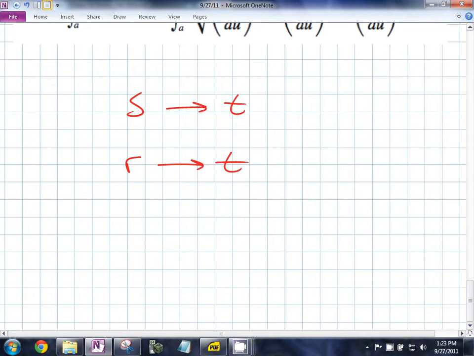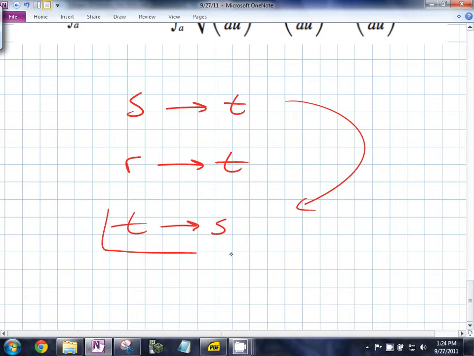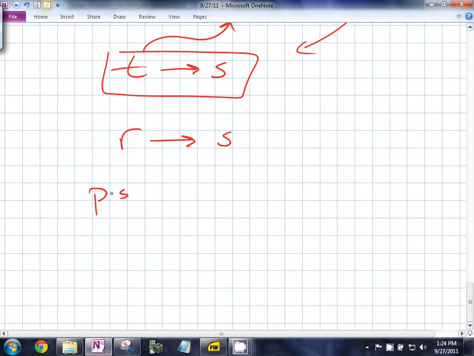If we could reverse this and write t in terms of s, you can plug it in right there, and now you have r in terms of s. You have position as a function of arc length.